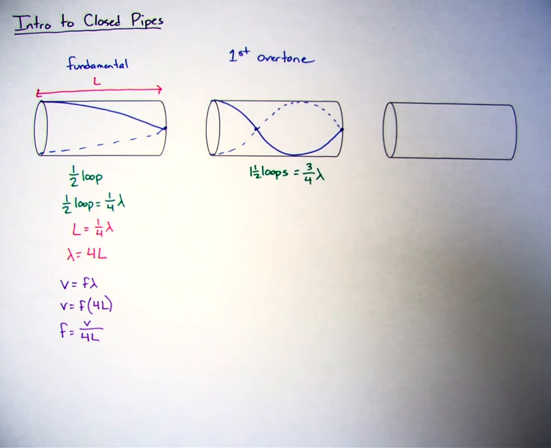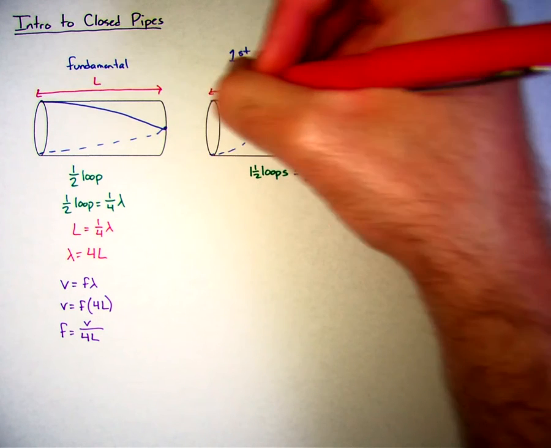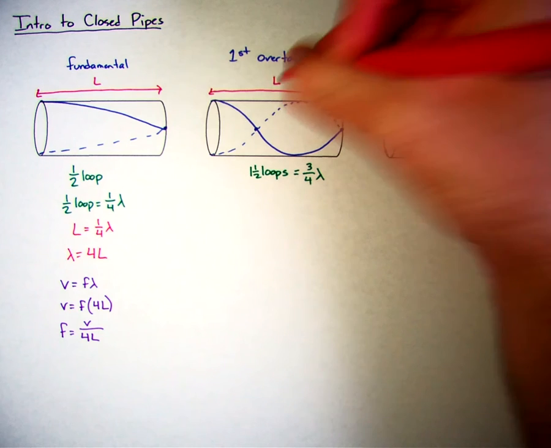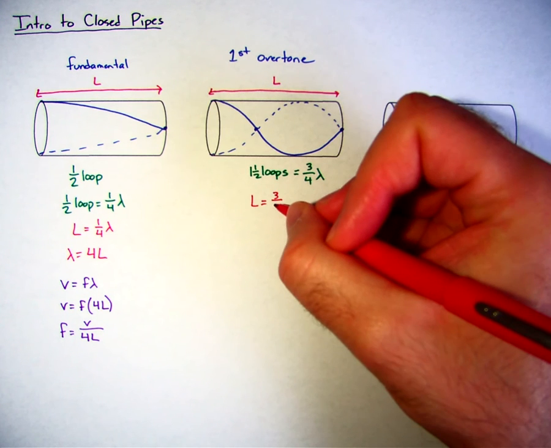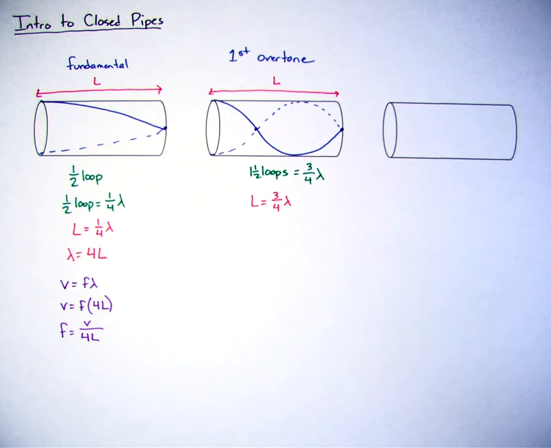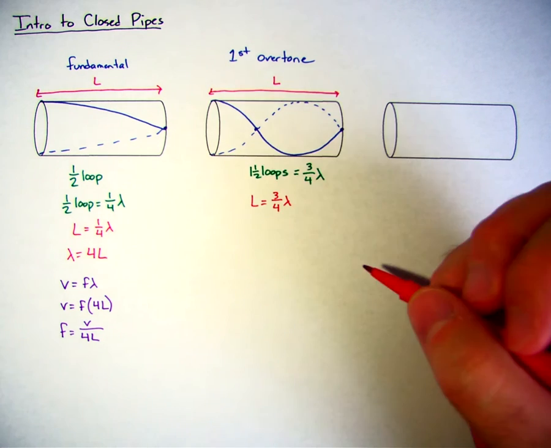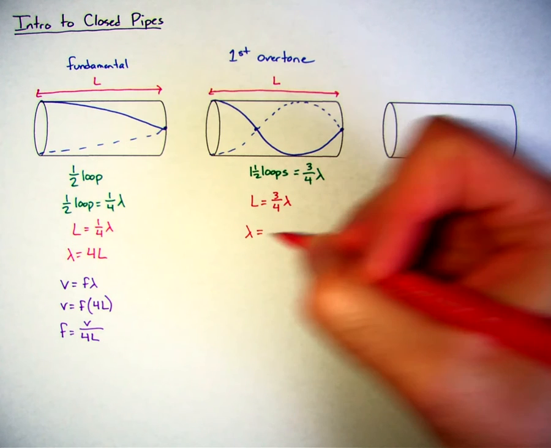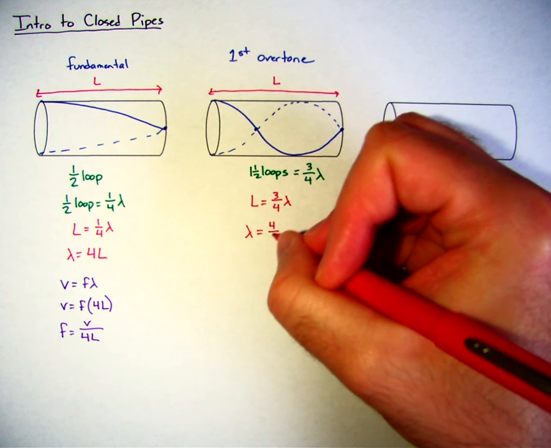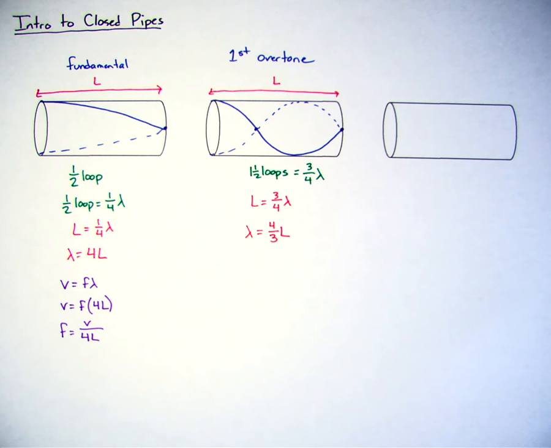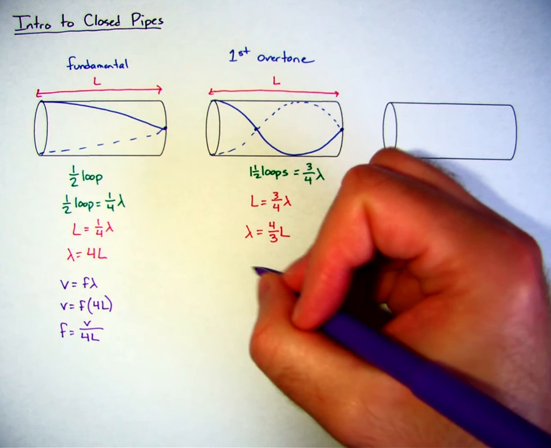So if my tube is still of length L, that means that L is equal to 3/4 of a wavelength at this next resonant frequency, this first overtone, which means the wavelength is 4/3 L.